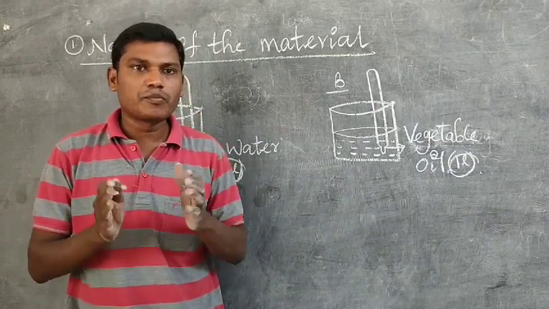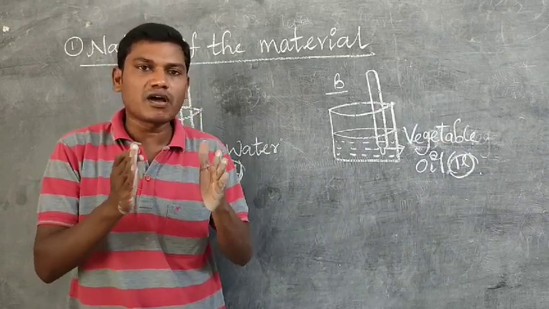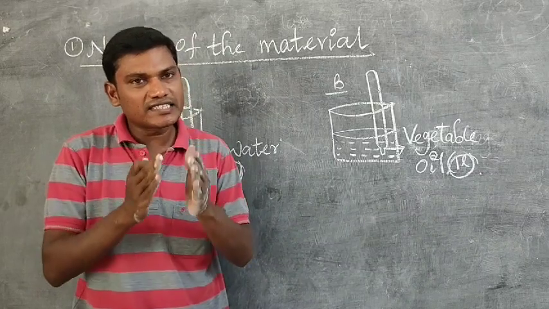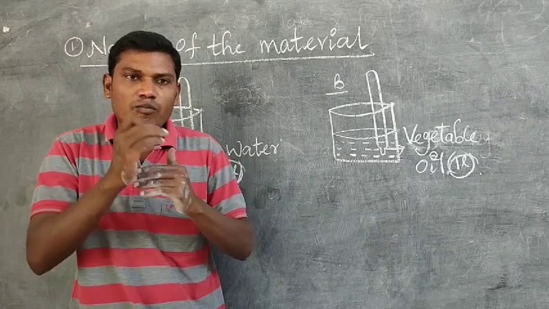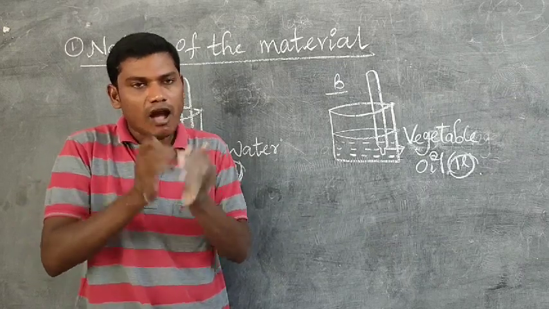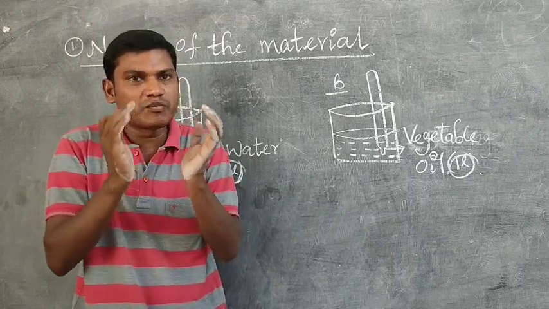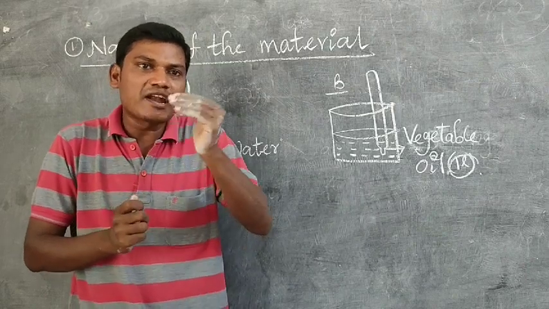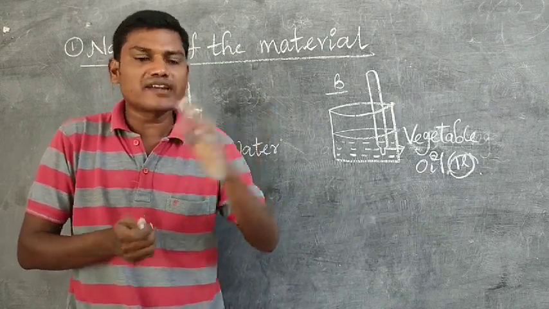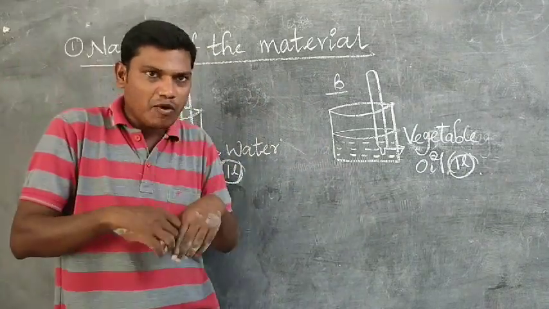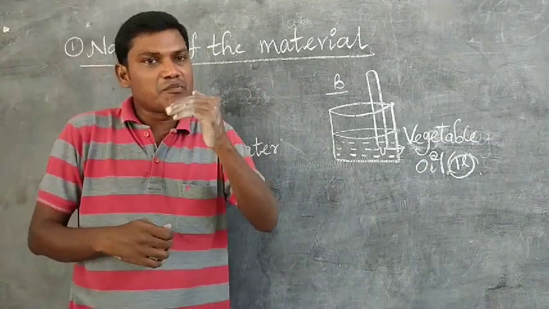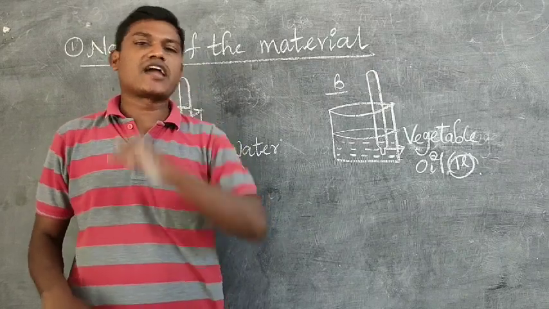In today's Part-6 video in the chapter of heat, we are discussing how the amount of heat energy absorbed by a body, that is the Q value, depends on which factors. The amount of heat energy absorbed by a body when we are heating mainly depends upon three factors.